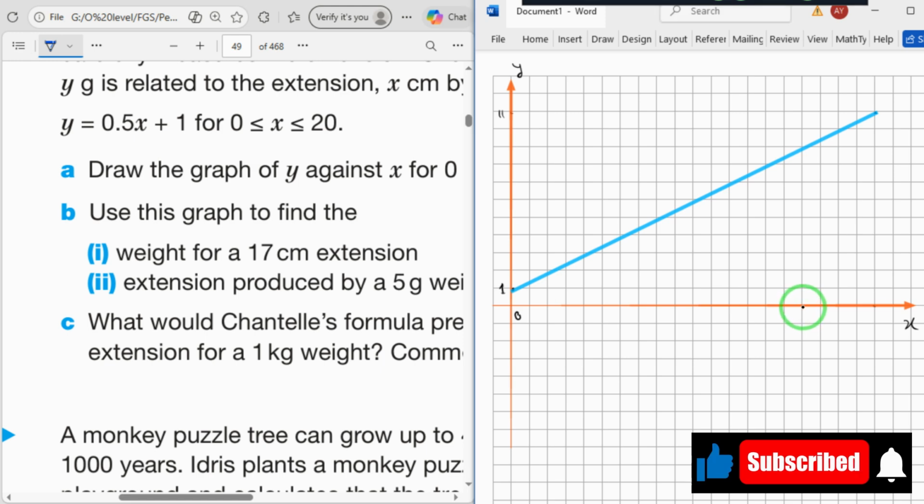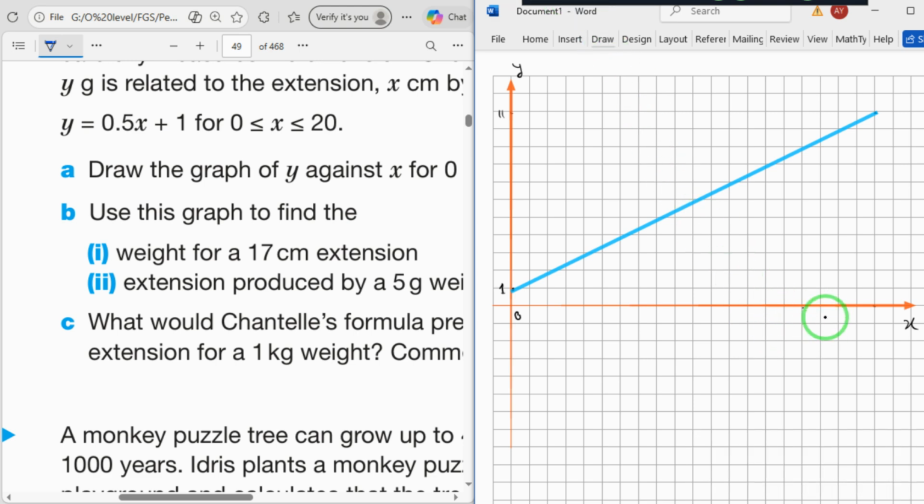This point is 17. And we go up to intersect the graph here. From this point we draw a vertical line like this to intersect this point. And then we come horizontally to reach this point.